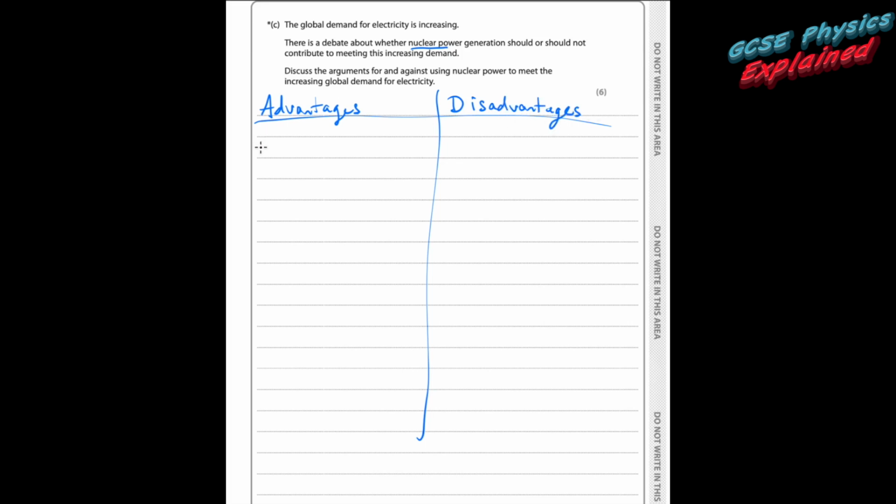Right, well, an advantage of nuclear is that coal, oil and gas, fossil fuels, are running out, so we could use nuclear instead, or as well as. Now, unlike fossil fuels, nuclear doesn't emit CO2, which causes global warming.